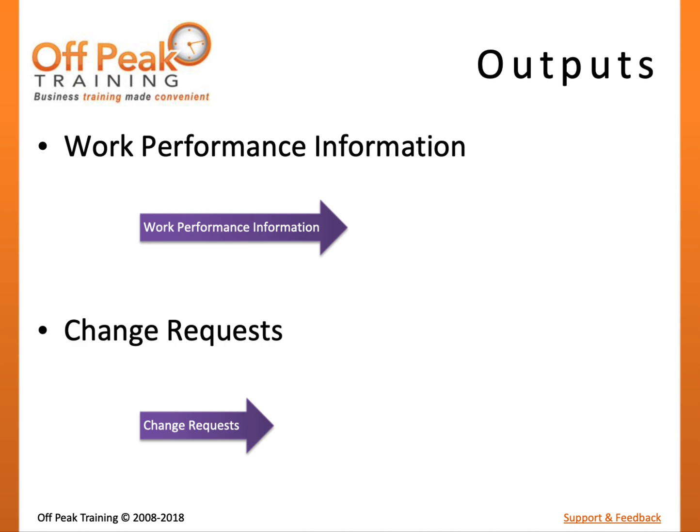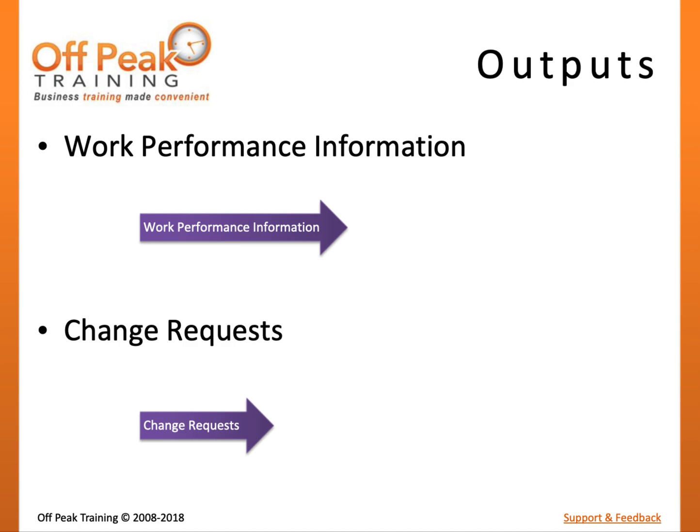There are 2 key outputs for the Monitor Stakeholder Engagement process. Work performance information is the evaluation of work performance data against plan baselines to create comparative metrics on schedule, cost, and technical performance. In stakeholder management, this may include the status of communication speed, completeness, or accuracy.